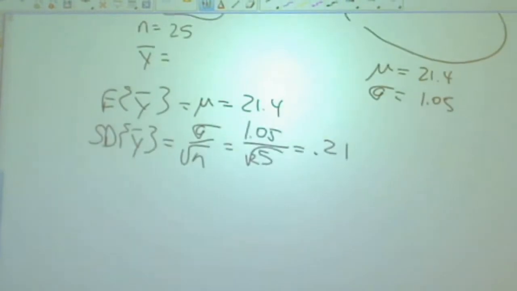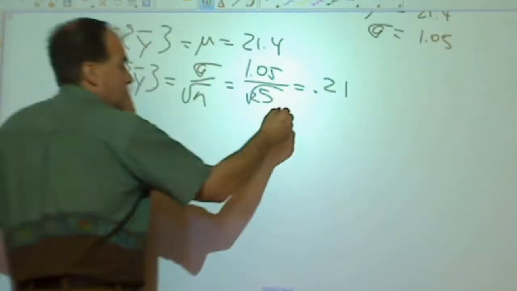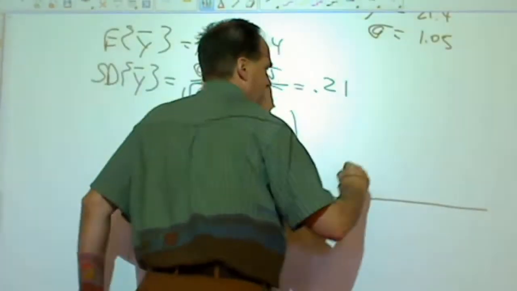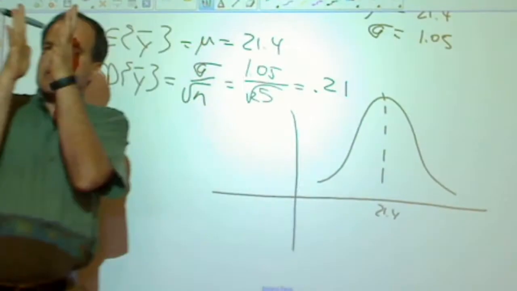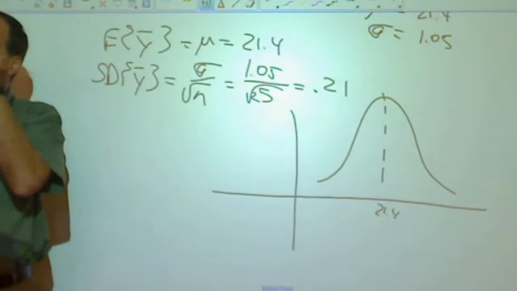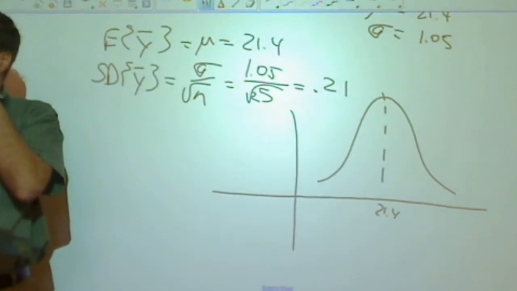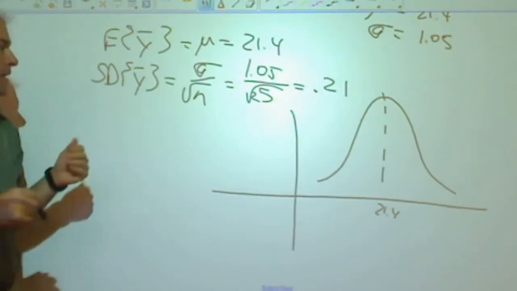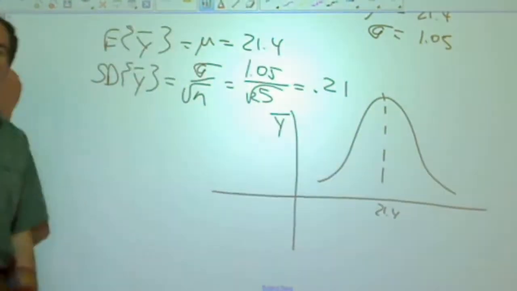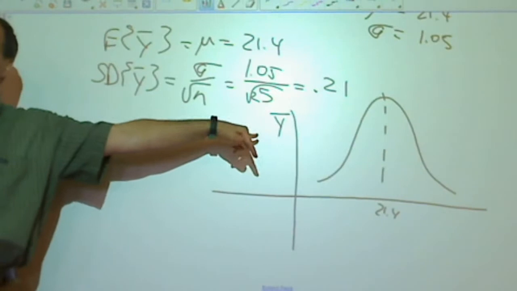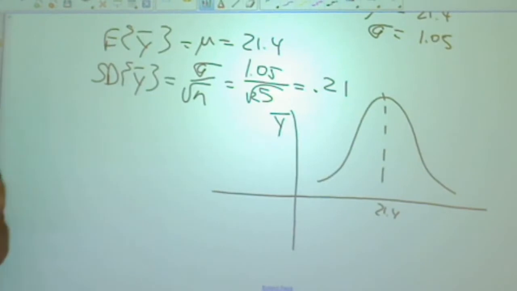Okay, so similar model, still around 21.4, but I've really shrunk in the standard deviation. It's not 1.05 anymore, it's 0.21. Okay, and this model is not of individual students, it's of groups of students of size 25. What did you put in the N? 'Cause it's just 25.